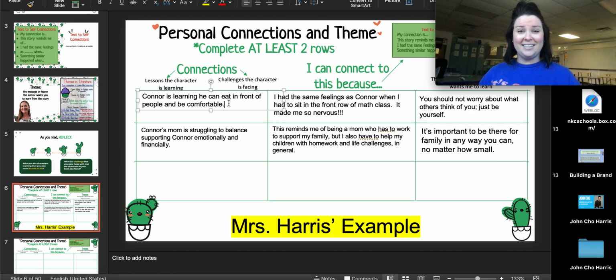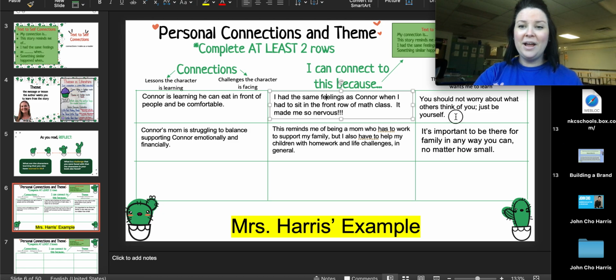I can connect to this because I had the same feelings as Connor when I had to sit in the front row of math class. It made me so nervous because I wasn't very good at math. And here I am at the very front where I thought everyone behind me could hear me saying the wrong answers or making mistakes on my paper. It made me so nervous. So I can understand Connor having trouble eating in front of people.